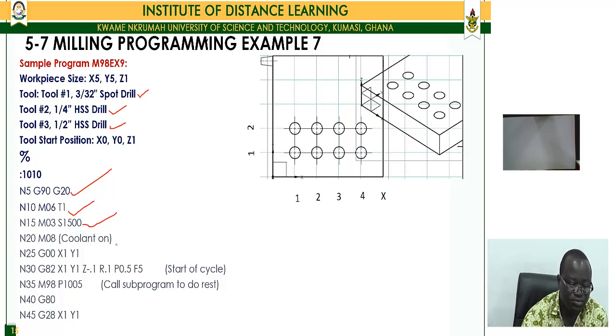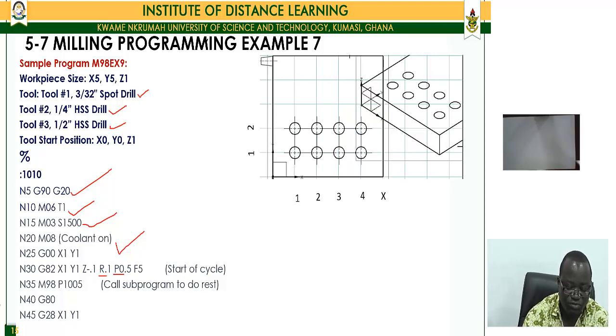So first we give absolute coordinates, we select tool number 1, we turn the coolant on, and then we give a rapid movement, G00 X1 Y1, and then we give the G82 cycle, which is feed down to -0.1, retract to the 0.1 plane with a pause of 0.5 of a second, because G82 is a drilling cycle with a pause.